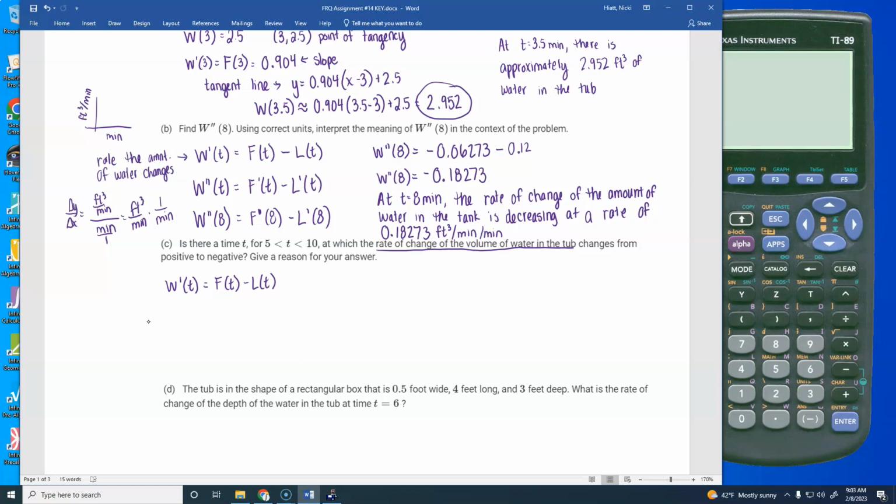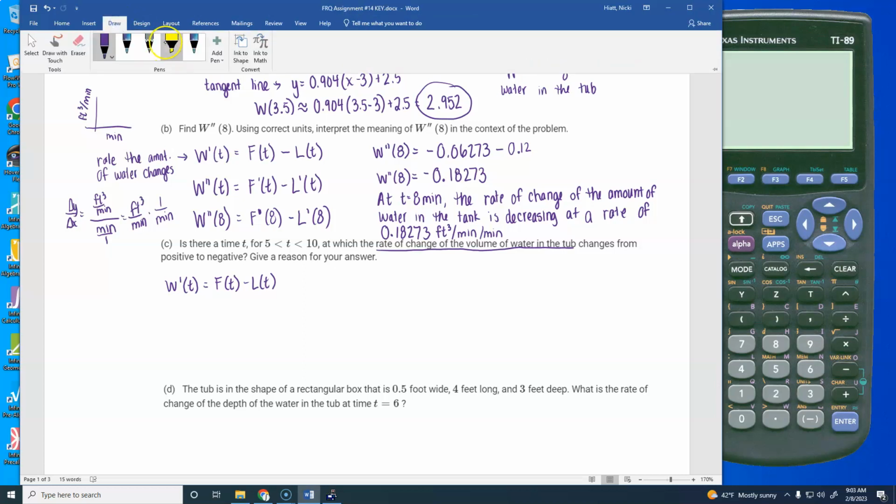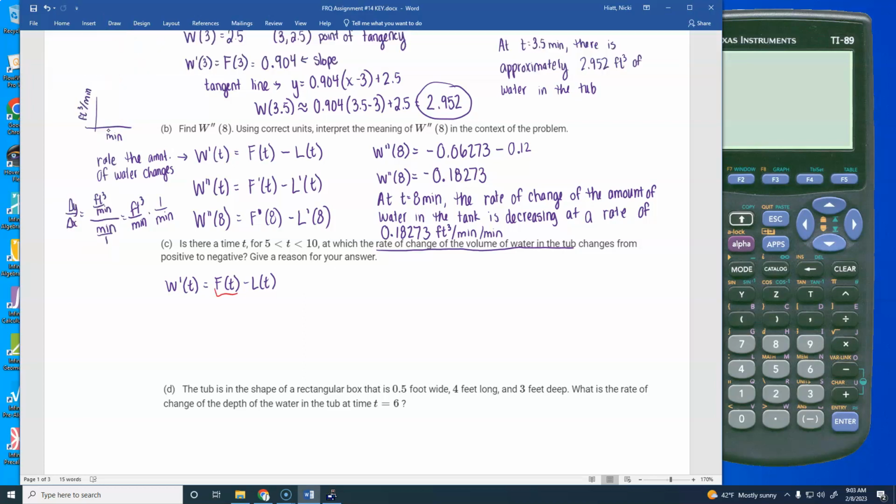So we know that this is right here. Let me use a different color. This is the rate that the water is added, and this is the rate that the water leaks.